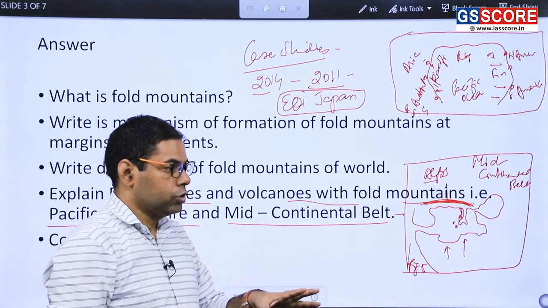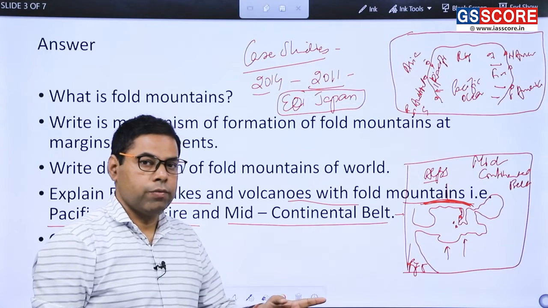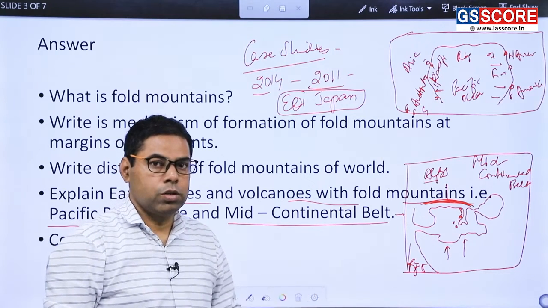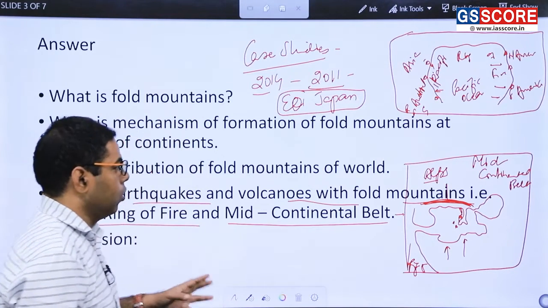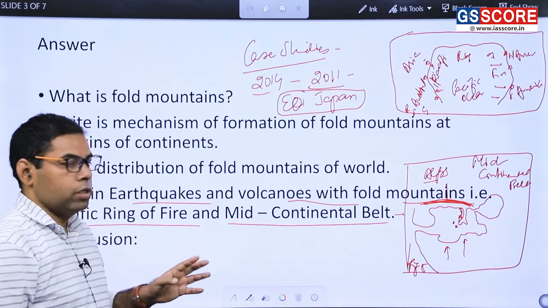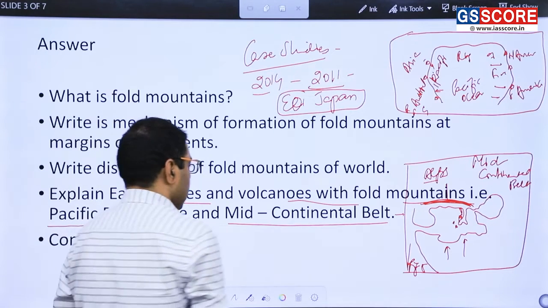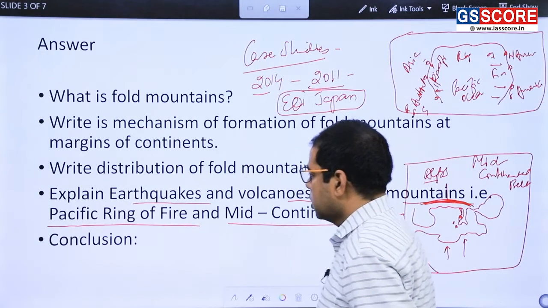The examiner will watch your diagram and the map, then he will go on to read your text or the answer you have written, right. So always prefer to have a diagram in the answer, and that will definitely be an edge for getting the marks, right.